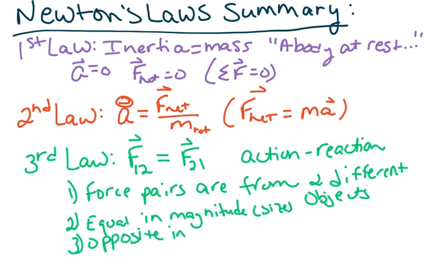So the earth pulls down on you, you pull back up on the earth, but because the earth is so massive, it doesn't feel the same type of gravitational pull as we do because we have a much smaller mass compared to the earth. All right, so those are the 3 laws. So let's talk about some situations you are likely to encounter in AP Physics C this year.